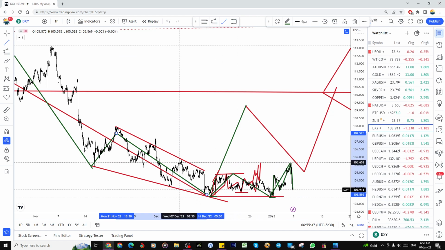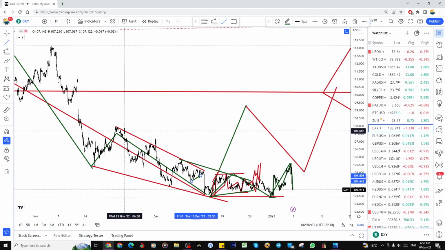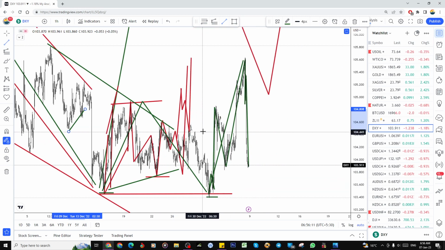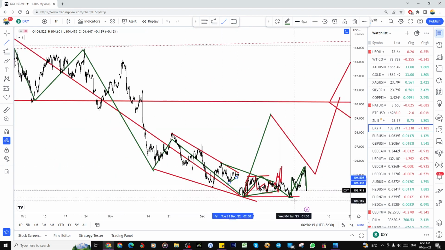But in some cases, if this is the bigger triangle in the 4th wave, 1, 2, 3, what I thought is it's a triangle, and the 4th and 5th got completed. But in the case it is a diagonal 1, 2, 3, then 4 is a little bit bigger triangle, A, B, C, D, E. Then this could be the downtrend, and this is also the completion of the trend.